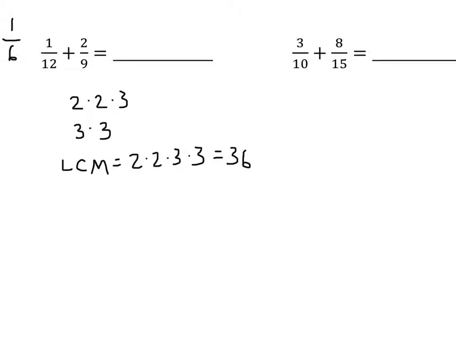We have to multiply this first fraction by 3 over 3. And the second fraction needs to be multiplied by 4 over 4. So that gives us 3 over 36 plus 8 over 36, 11 over 36.